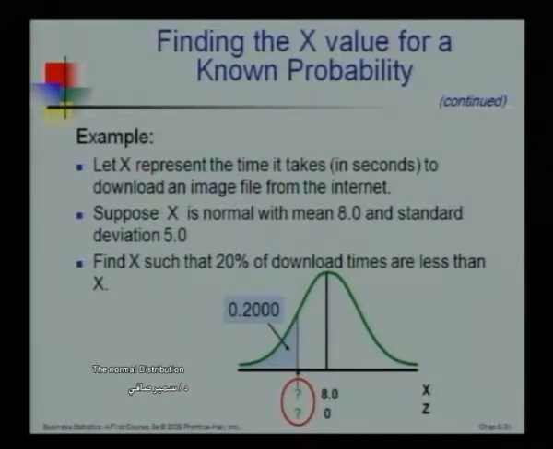Now, let's see how we can find the value of x such that 20% of download times are smaller than x. The probability is always a fraction between 0 and 1. So the probability here is 20%. In this case, your z-score should be negative because 20% is smaller than 0.5.